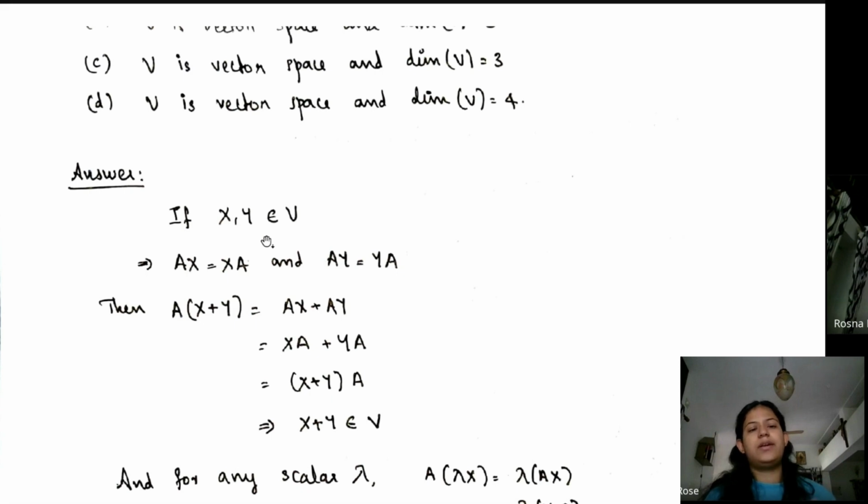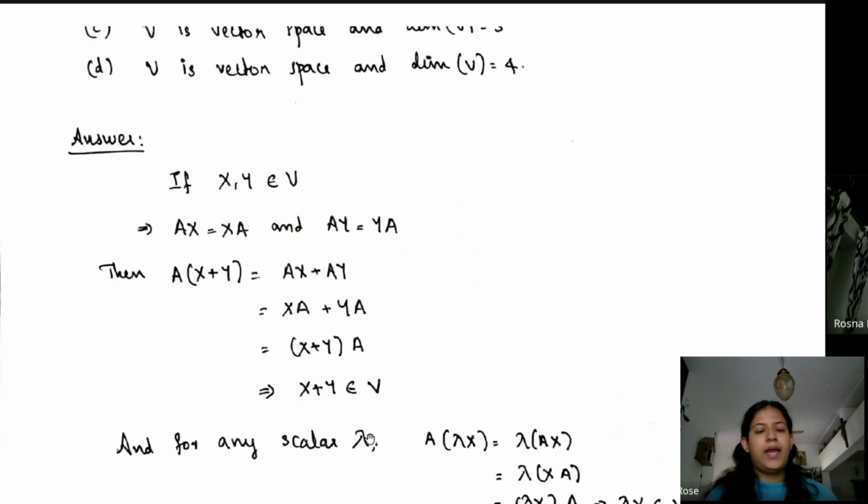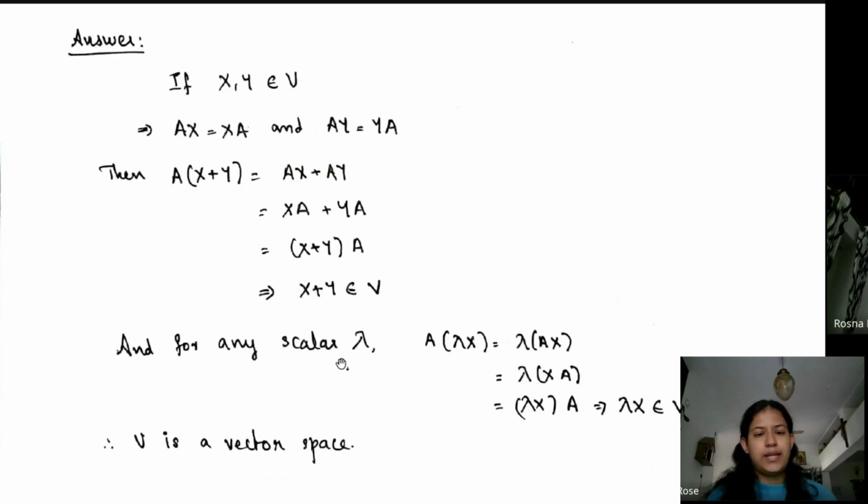In order to check whether x plus y belongs to V, I have to check whether x plus y commutes with A. For that, I take A times (x plus y), which is AX plus AY. By using these equalities, I can get back to (x plus y) times A, which means that x plus y belongs to V. For the other case, you need a scalar lambda.